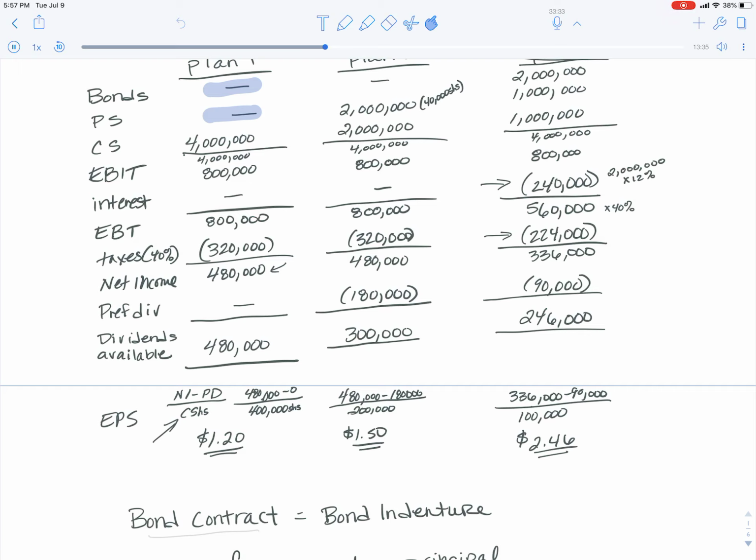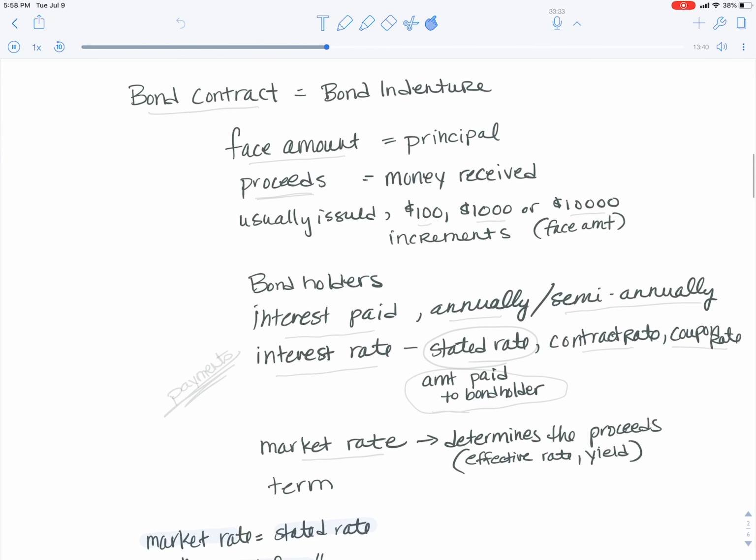So now what we're going to do is go in depth a little bit more about bonds. So bonds are very similar to notes that you've already learned how to calculate interest. So that's going to come in handy here. Bonds are contracts, and so they're going to have a face amount, just like a note does. It's also going to have proceeds that we receive from our bondholders.